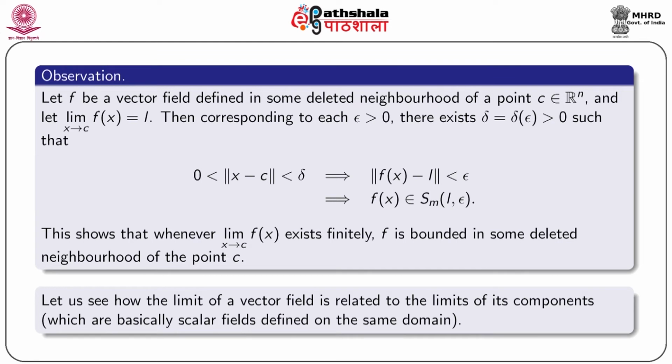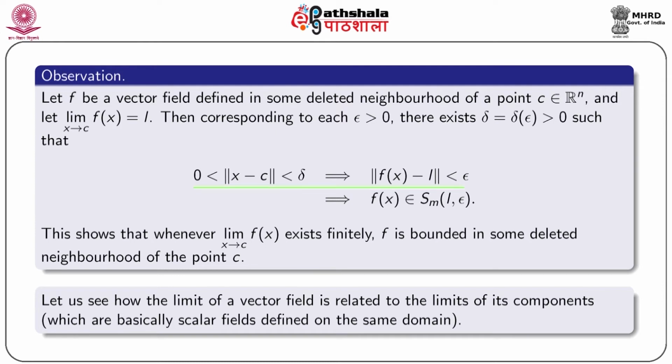One observation: let f be a vector field defined in some deleted neighborhood of a point c in Rn, and we further assume the limit of f(x) as x tends to c exists and equals L. Then corresponding to each epsilon positive, there exists delta positive such that whenever norm of x minus c is less than delta but positive, we have norm of f(x) minus L less than epsilon.